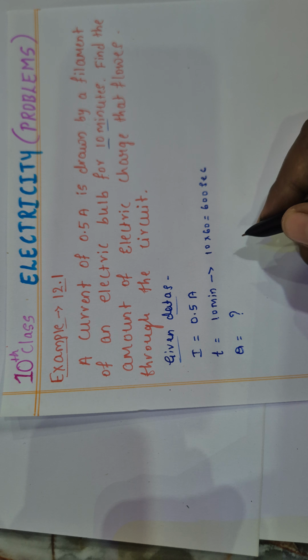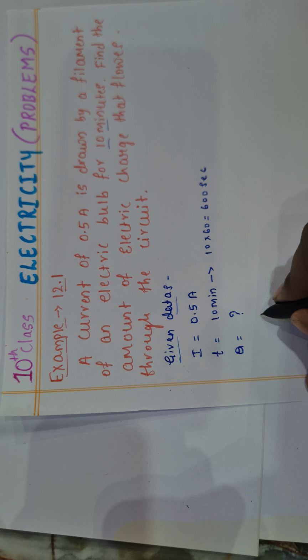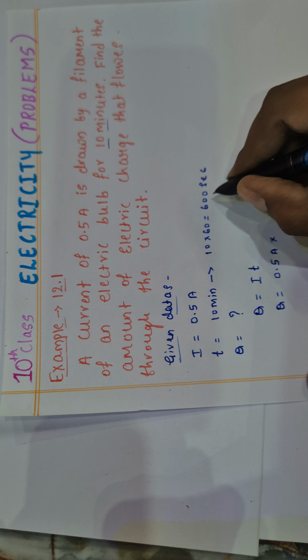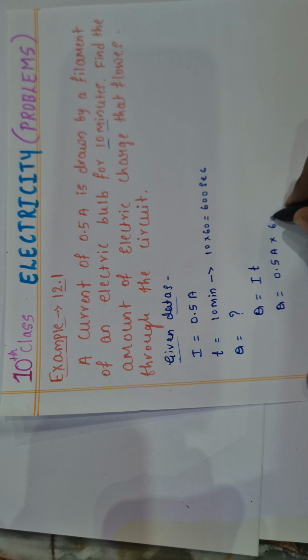We know the formula: Q is equal to I T. Q is equal to I, which is 0.5 ampere, into time, which we have converted into seconds, 600 seconds. Directly we can write the answer: Q is equal to 300 coulomb. But how do we write it?